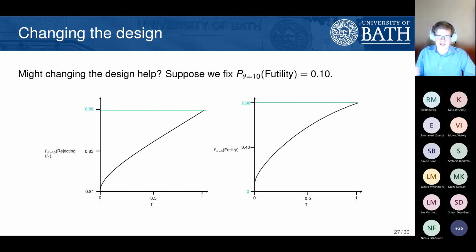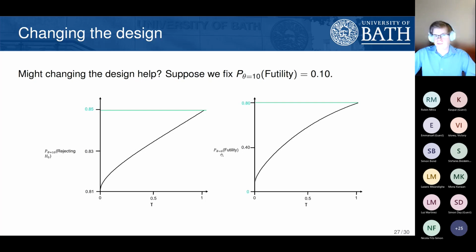If we fix our probability of stopping for futility at 10%, at least under the alternate, then there's not a huge difference in power. So we go from 0.81 to 0.85 just across the range of amount of missingness that you might have. The problem comes really in this upper left region of the second plot.